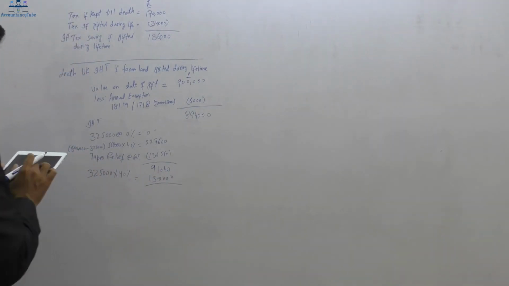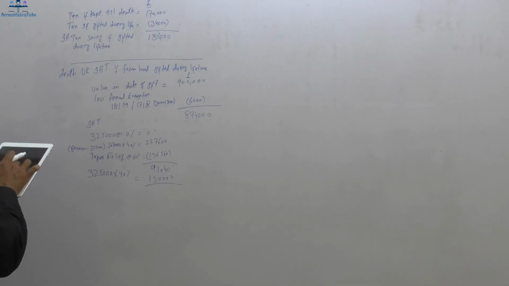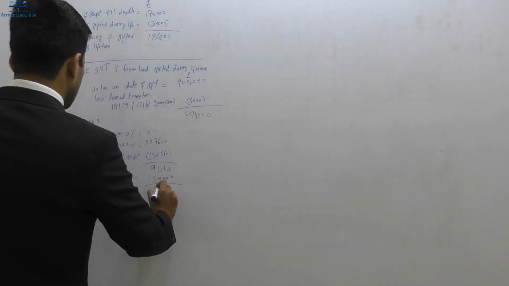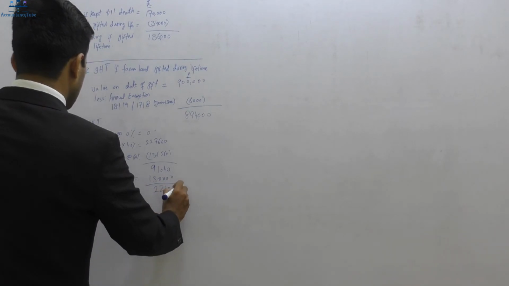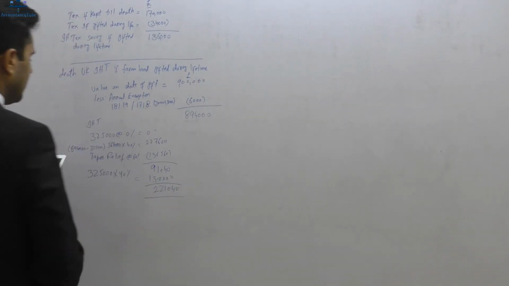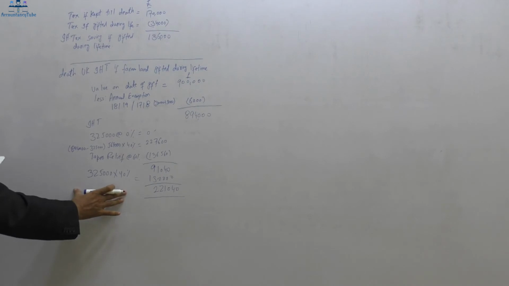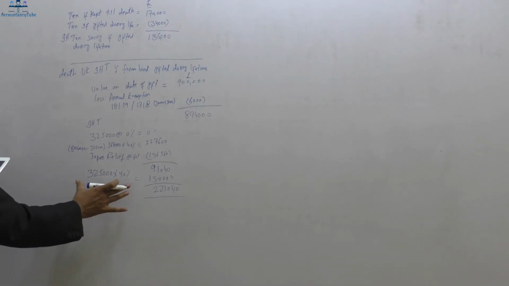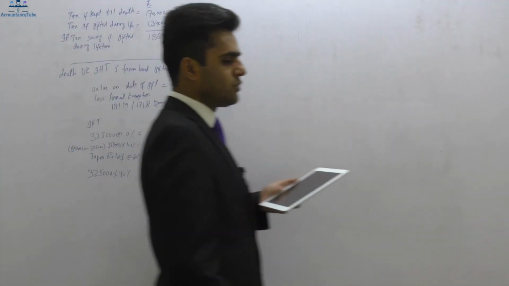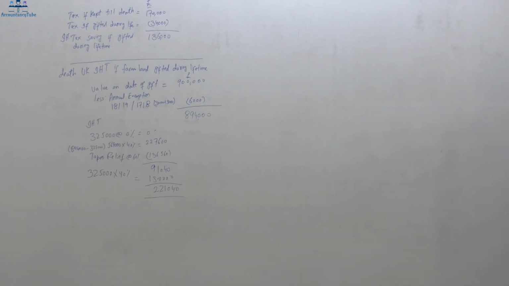So if we add this one into 91,040, that is 221,040. Right, so there is a cost if we give the gift during our lifetime. So cost is 221,040 if we give a gift during our lifetime. Right?